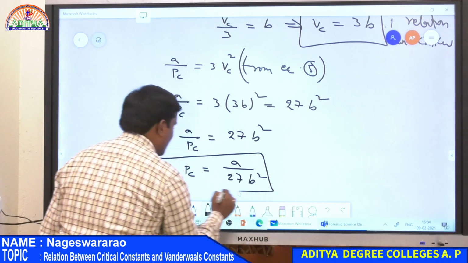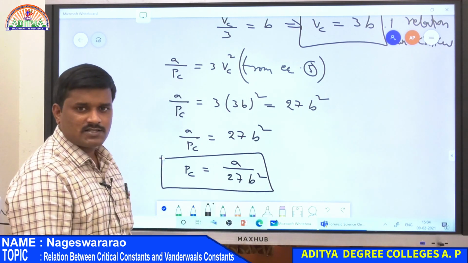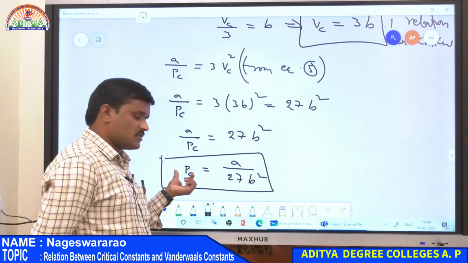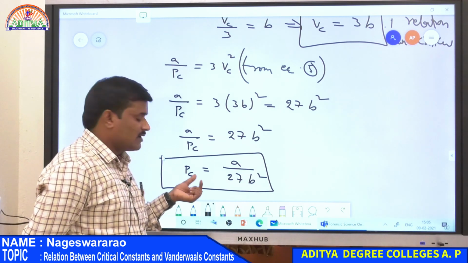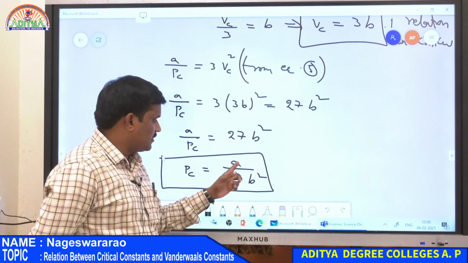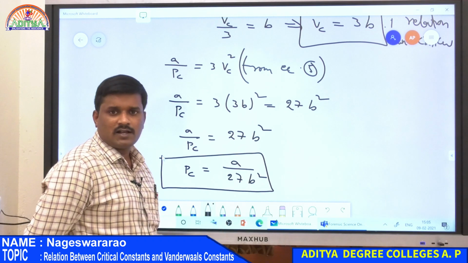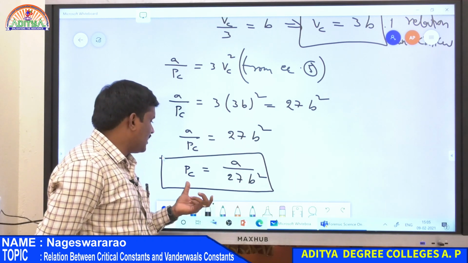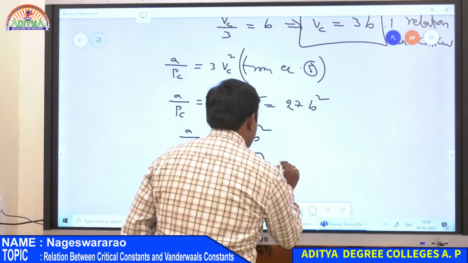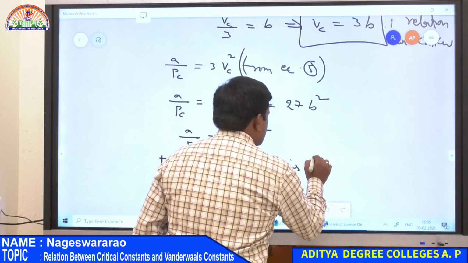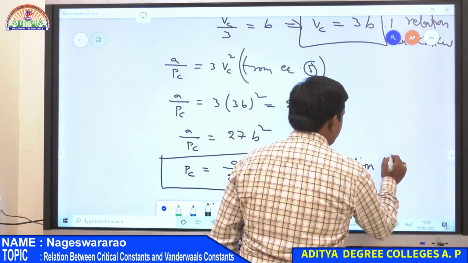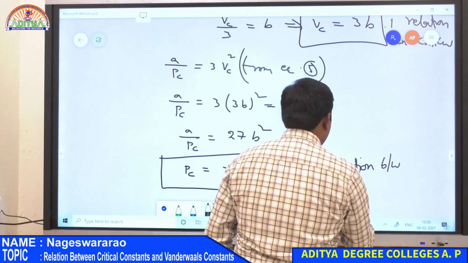So this is the second relation between van der Waals constants as well as critical constants. So here the critical constant, what is this? Critical pressure. This critical pressure is equal to A by 27B square, where both A and B are van der Waals constants. Therefore we get a relation between Pc and A and B. So this is the second relation between van der Waals constants and critical constants.